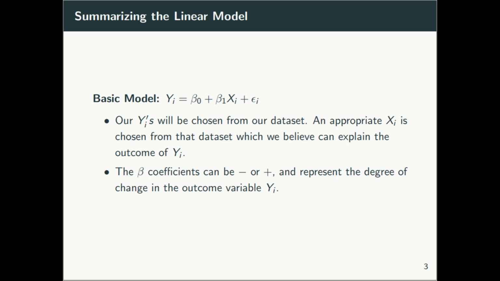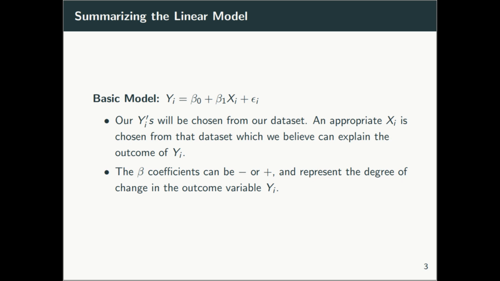For example, if we had a dataset of car models and variables regarding their mileage, fuel efficiency, weight, and other variables, we may want to predict the outcome of miles per gallon using the car's weight to see if there is any correlation. The beta coefficients can be negative or positive and represent the degree of change in the outcome variable y for every 1 unit of change in the predictor variables.